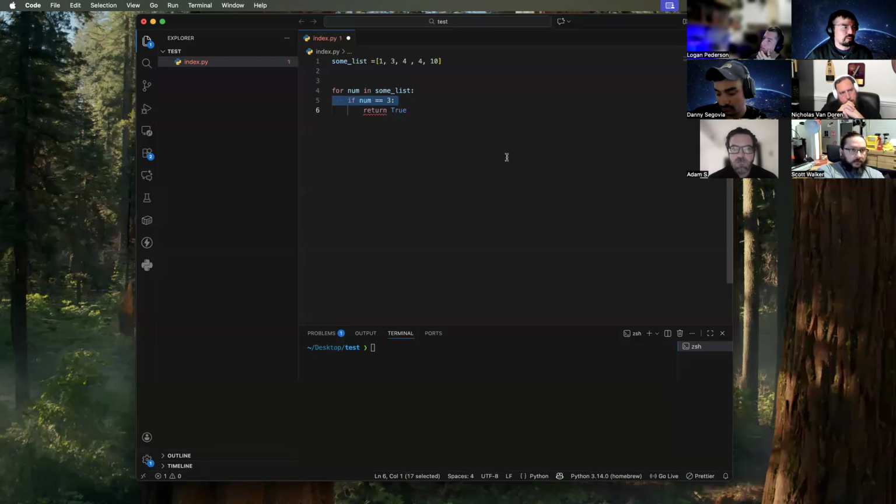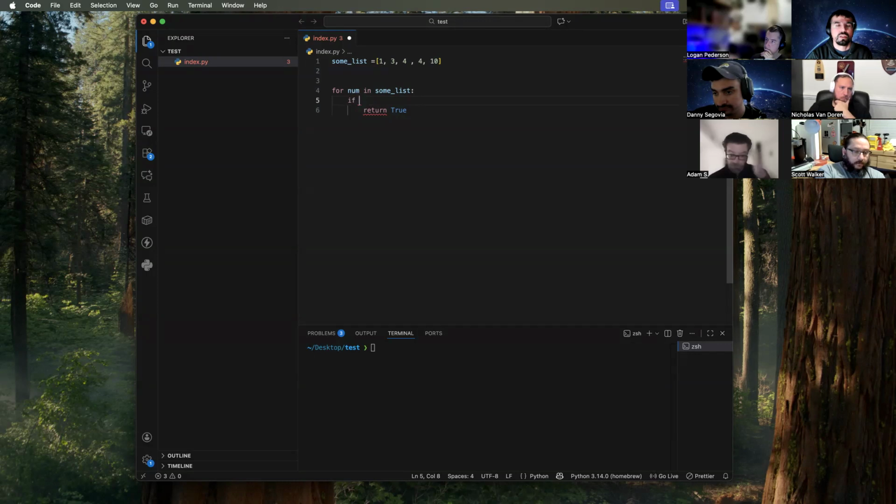In is a linear search underneath the hood. Sometimes people will do something like this. If... man, I don't even write that much Python. They'll do something like this. What type of complexity is this?